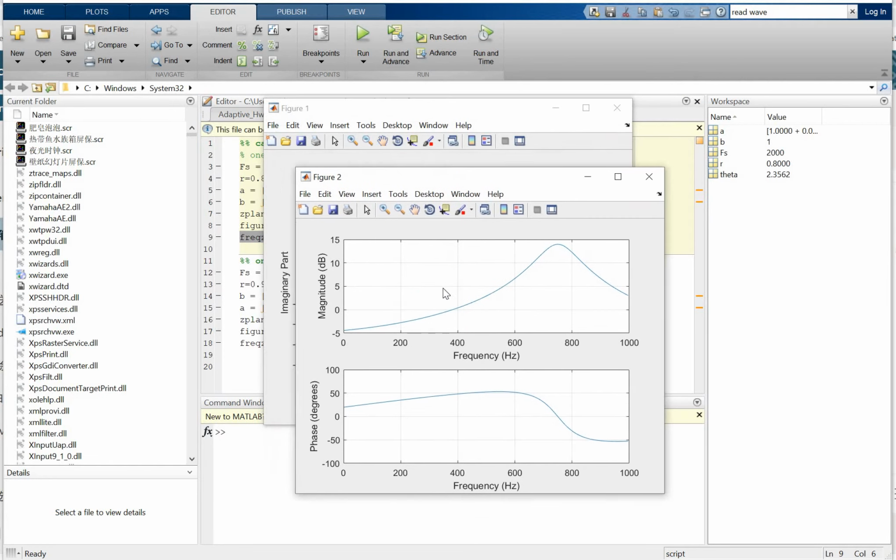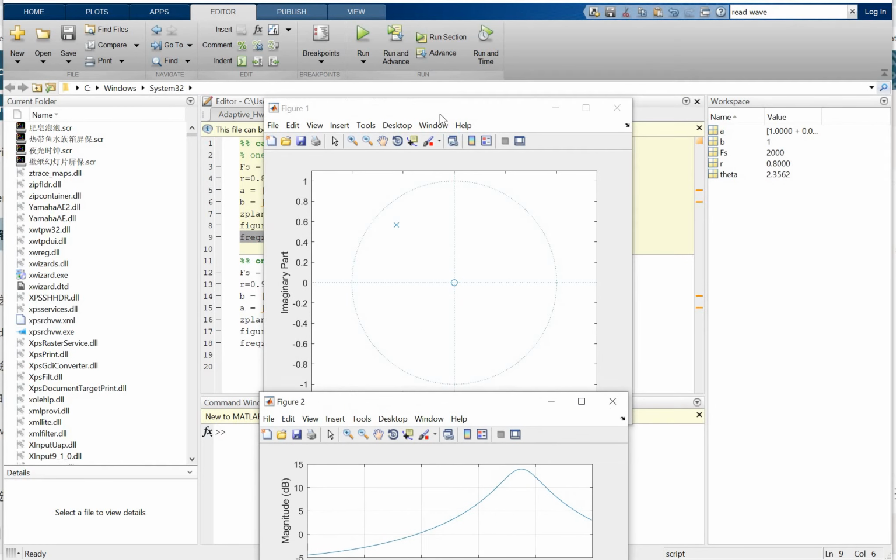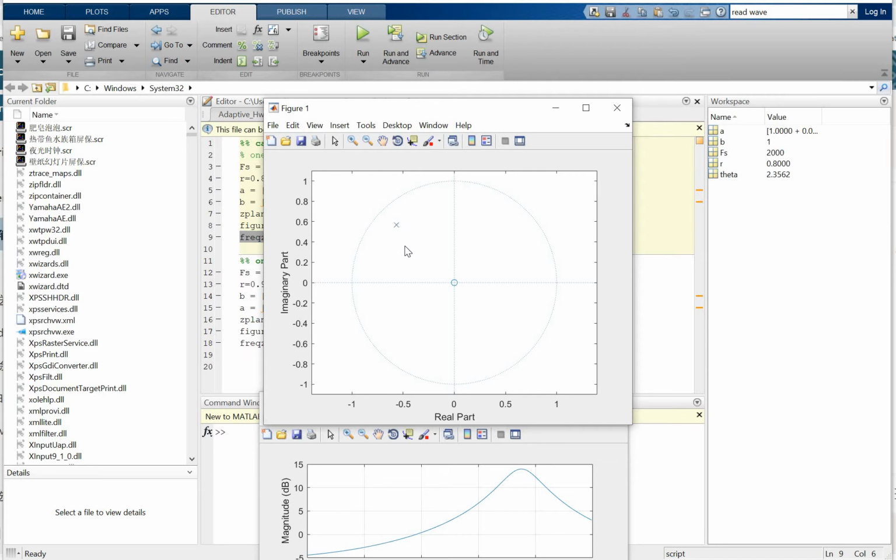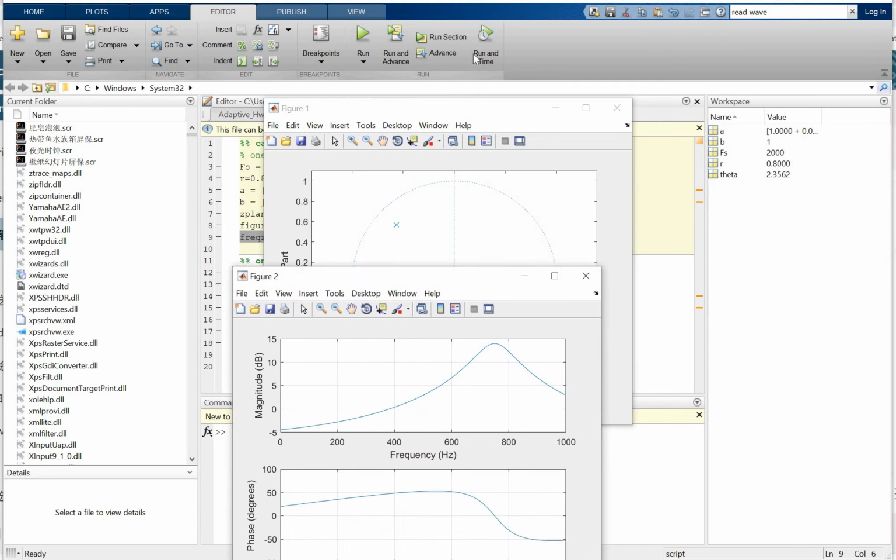So the first figure I use zplane. It shows the poles and zeros plot for the system. This is my pole at 0.8, 3 pi over 4. This is my zero. And for frequency response, I use freqz.